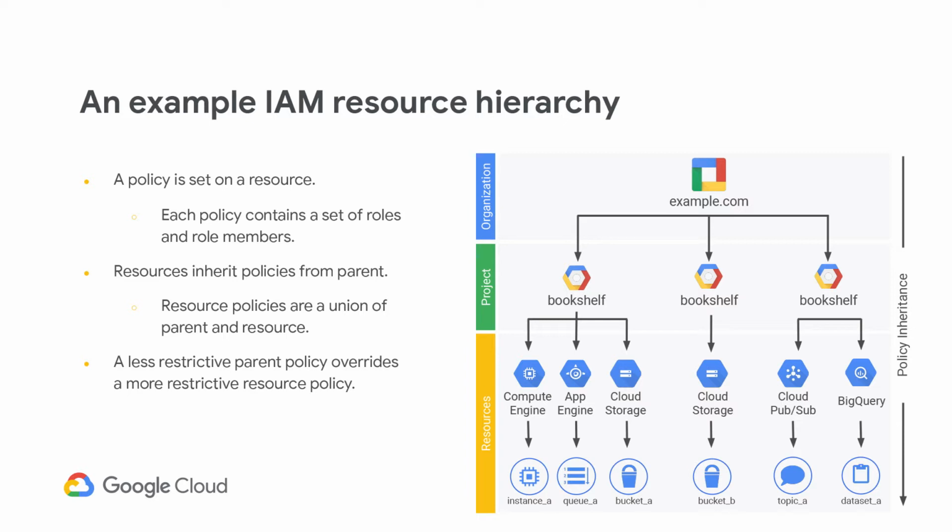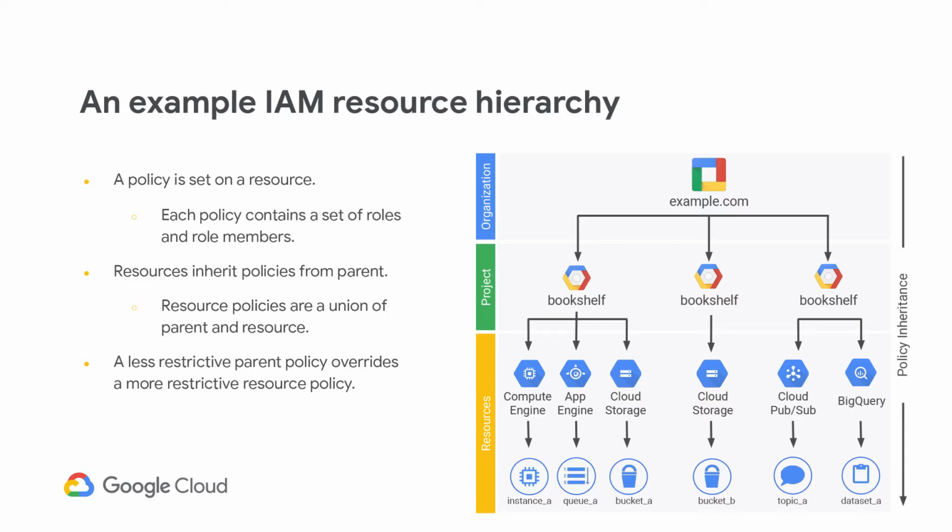Nevertheless, here we see that resources inherit the policies of their parent resources. For instance, if you set a policy at the organization level, it is automatically inherited by all its children projects. And this inheritance is transitive, which means that all resources in those projects inherit the policy too.